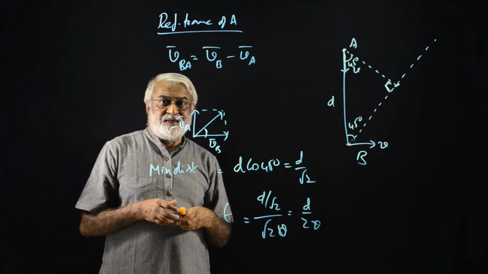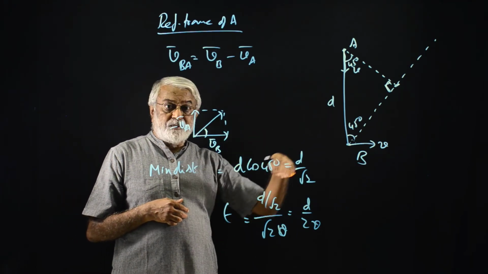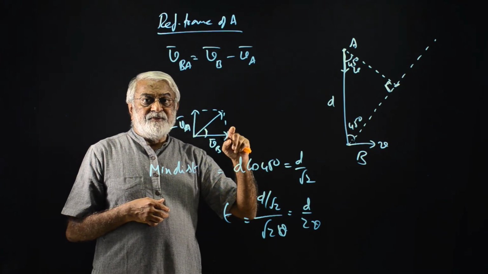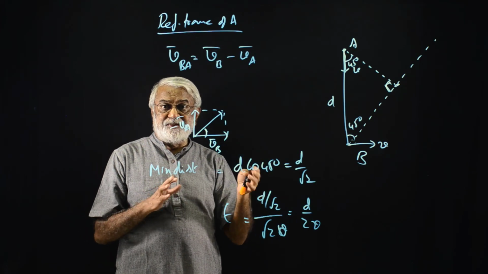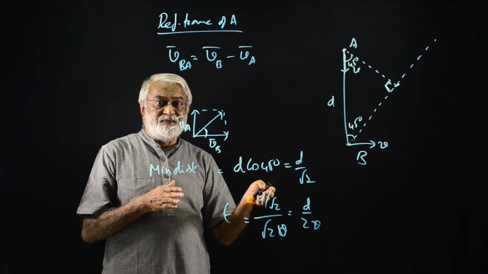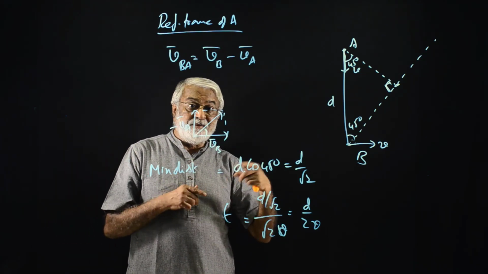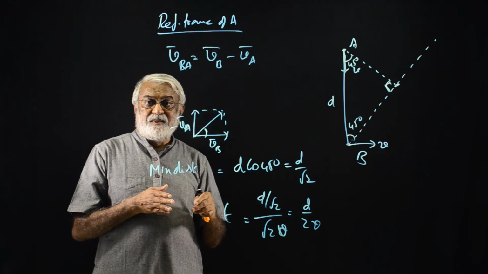What you should understand here is that in this reference frame A hasn't moved, B alone has moved, right? For the observer attached to the water, both ships are moving. So the distance moved by the ships will be different for different observers. The time that we got and the minimum distance we got are the same in both reference frames.